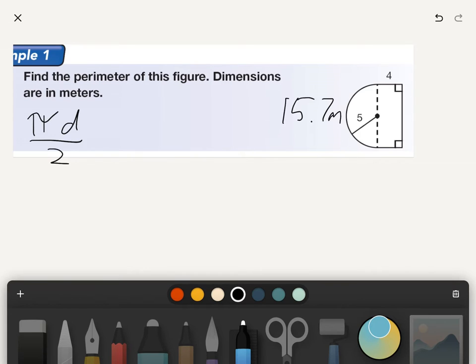Which clever person would like to tell me how we get the value of this side? Yes, sir. So basically, the radius of the circle is 5, and since that dotted line is basically the diameter, 5 times 2 is 10, and since those two lines are the same, they're both 10. Excellent, sir.